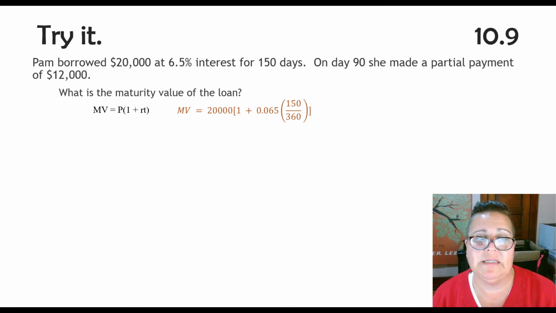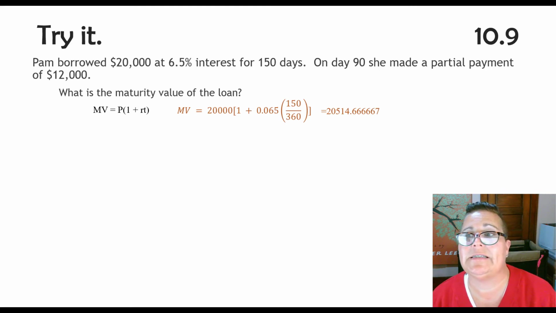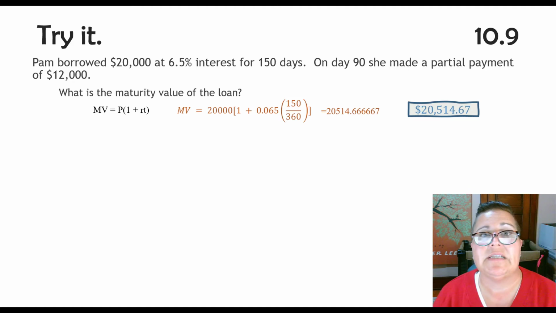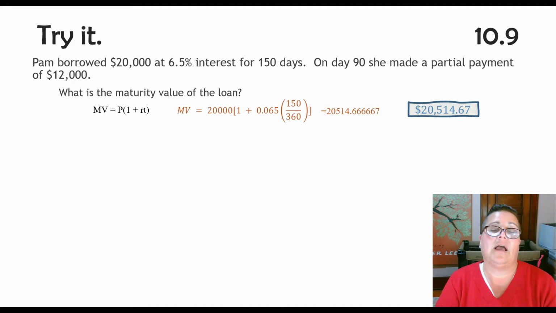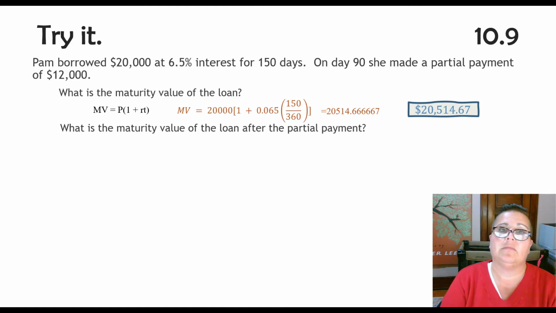So if we put this in, we've got $20,000 times 1 plus 0.065 times 150 over 360, which should work out to be $20,514.666667, or $20,514.67, right?